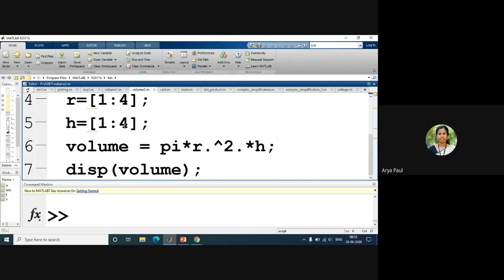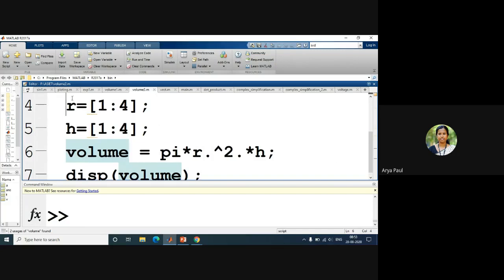Just defining my R and H, radius and height, then the volume automatically becomes an array because it is taking the array elements R and H.